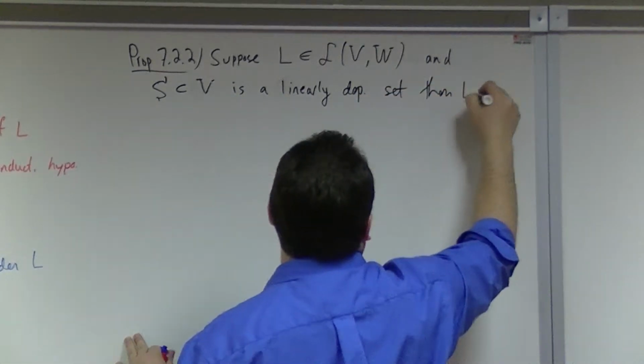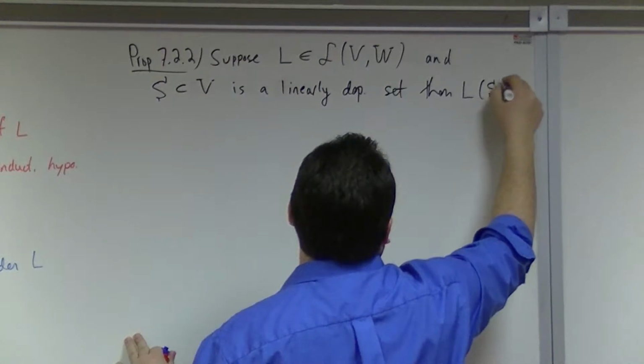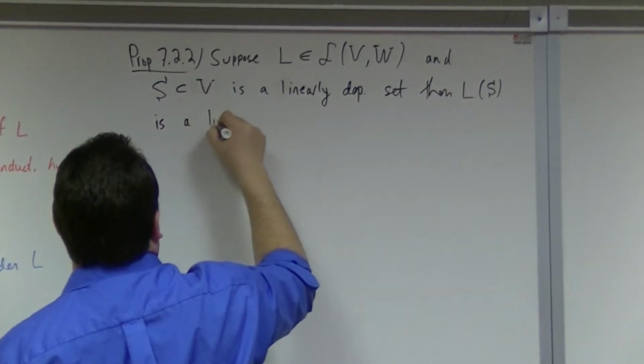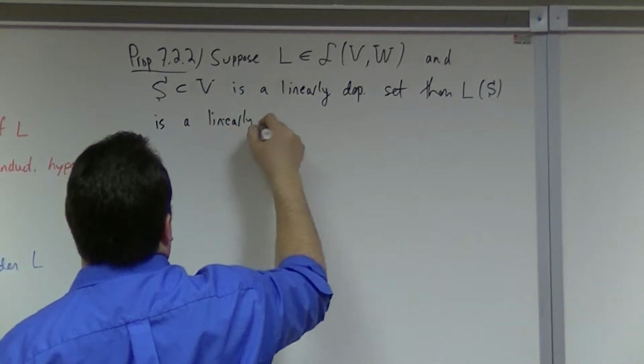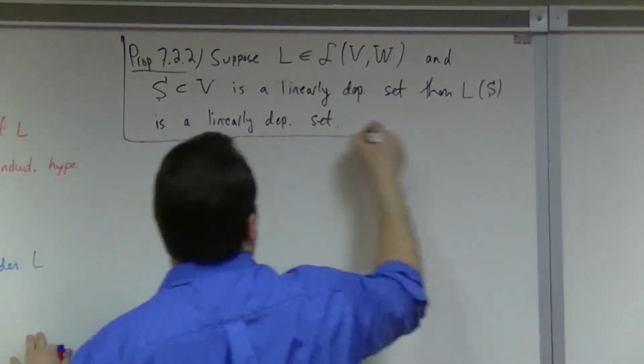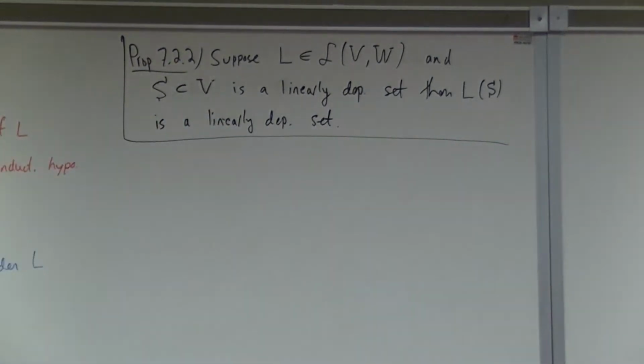Then L of S is a linearly dependent set. All right, so proof of this.